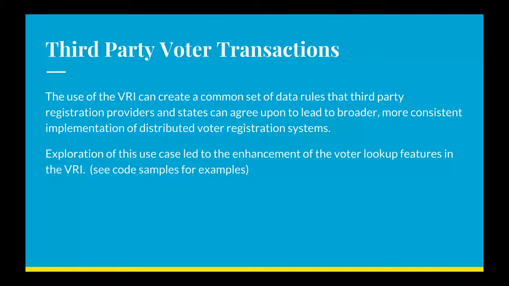In the full narrative of this use case, we discuss the various potential levels of implementation, because mostly, as those of you who are in elections know on this call, ultimately voter registration dispensation is performed at the local level.